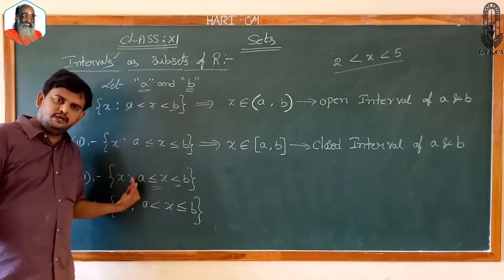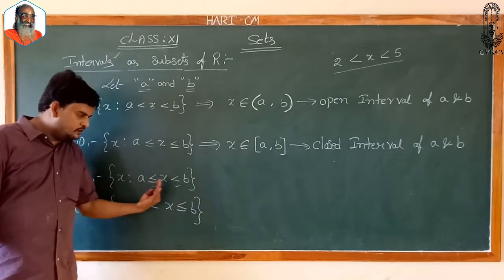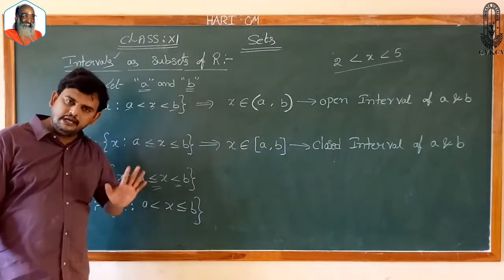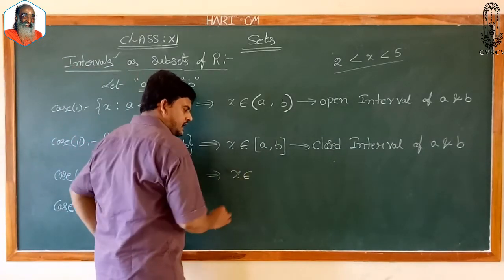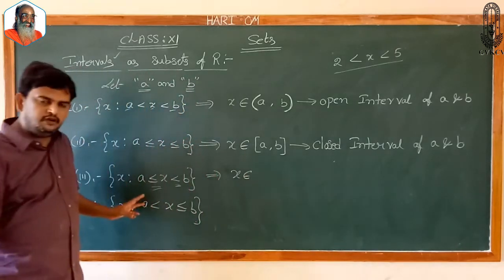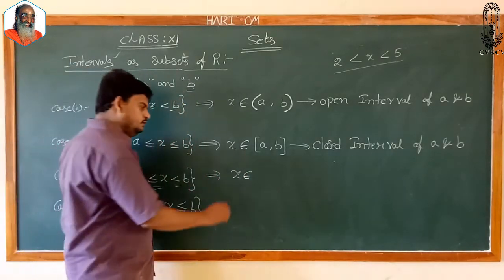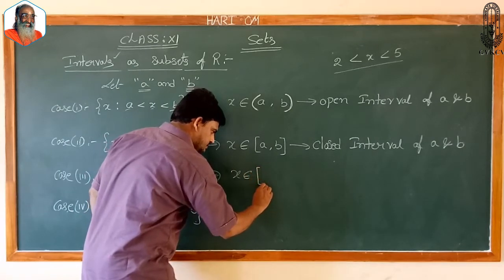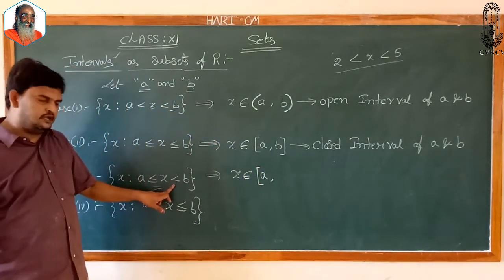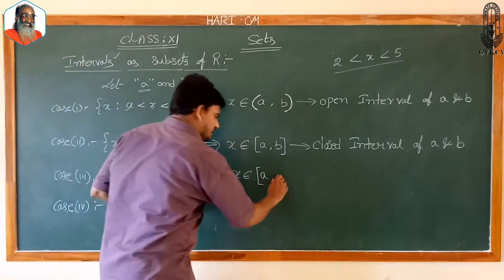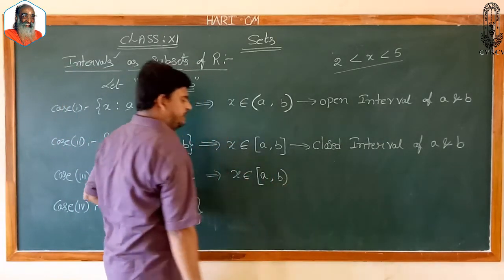One side we have less than or equal to, another side we have only less than, which we write symbolically as x belongs to. Wherever we have less than or equal to, we have to write square brackets. Here we have only less than, and less than means we have to write open bracket.